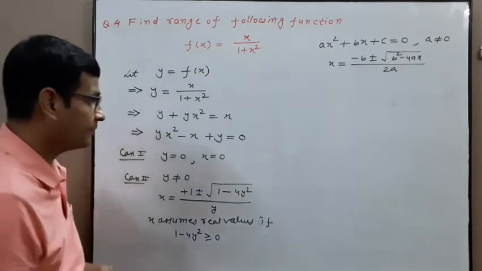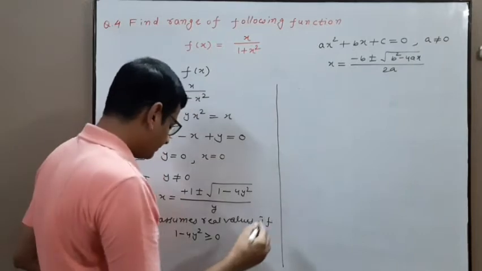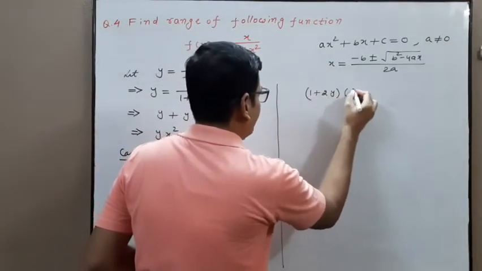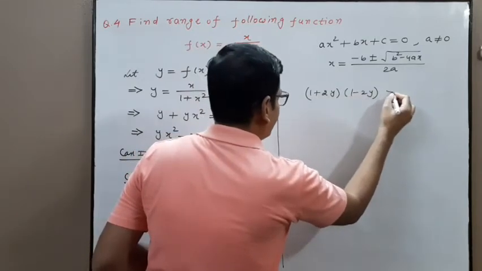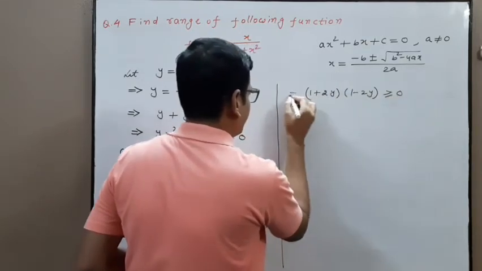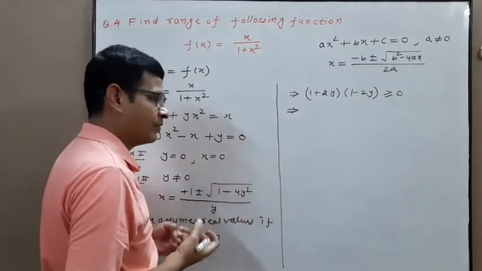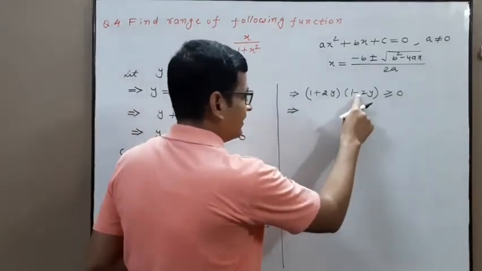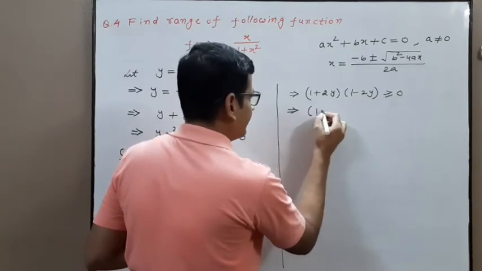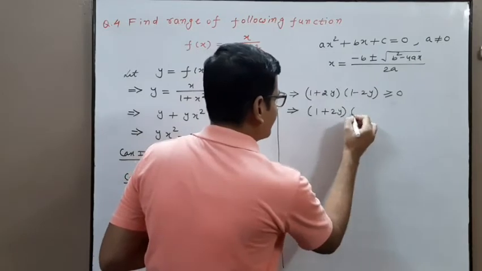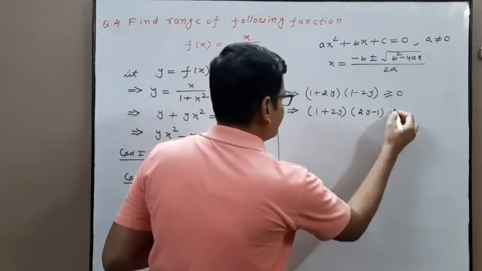Now find the factors of this. (1 plus 2y) into (1 minus 2y) greater than or equal to 0. For the Wavy Curve method, the coefficient of the variable is always positive, but here a negative sign is there. So multiply both sides by minus 1. So we get (2y plus 1) into (2y minus 1), and change the inequality.